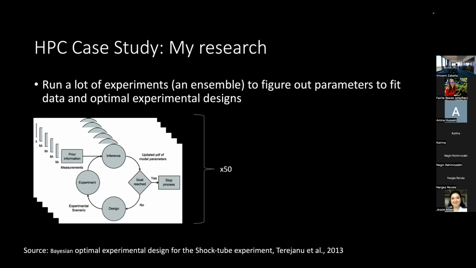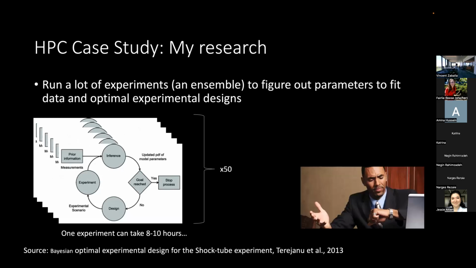Also, sometimes the computational tools you use aren't great and they'll just crash, so I usually get about 20 out of 50, which is fine, I guess. Each experiment takes about 8 to 10 hours, so up to 500 hours in total. No one's got time to do this. If you try to do it on Colab or your laptop, it would take forever. You could do something fancy, but it would still take forever.